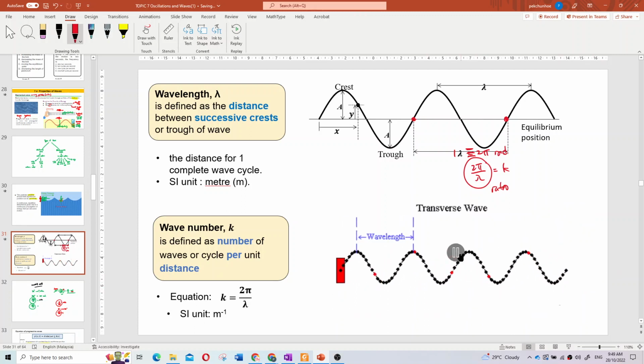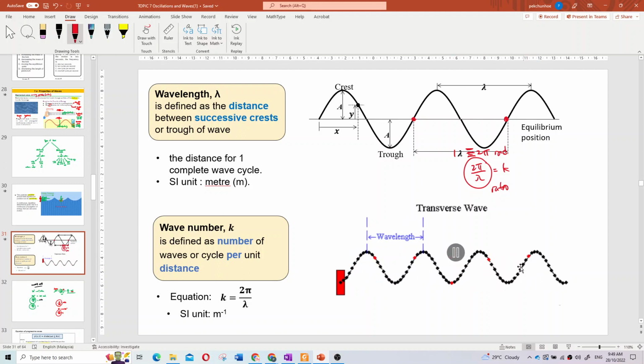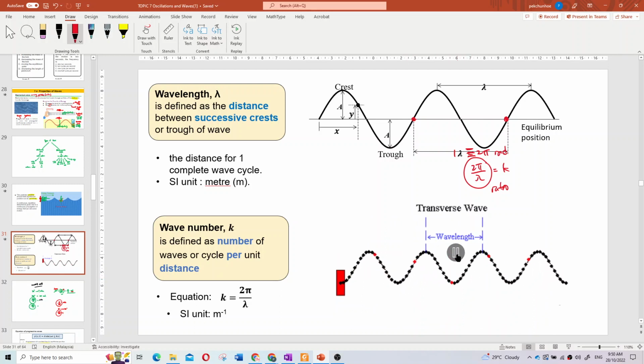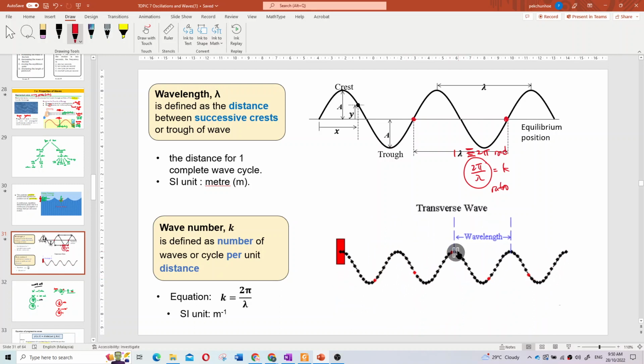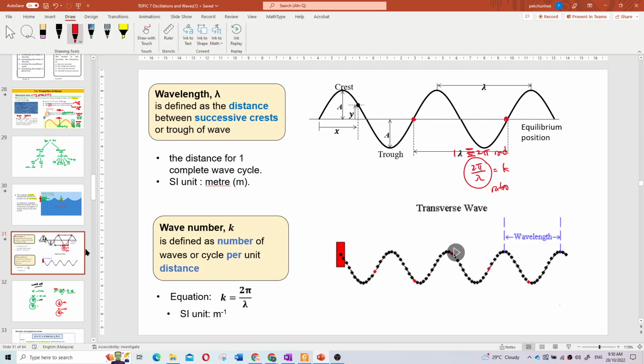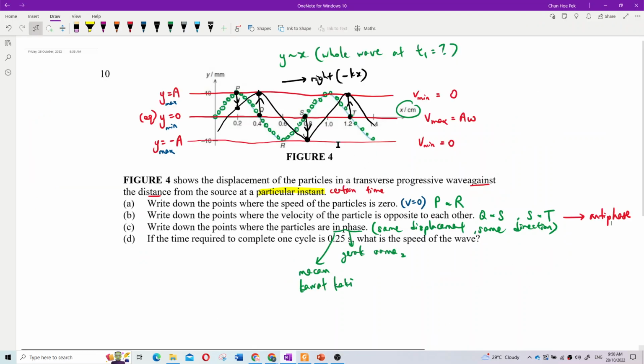Can see? Tak boleh nampak dengan bagus kan? That's very hard to see lah. But never mind. You understand what I'm saying actually.